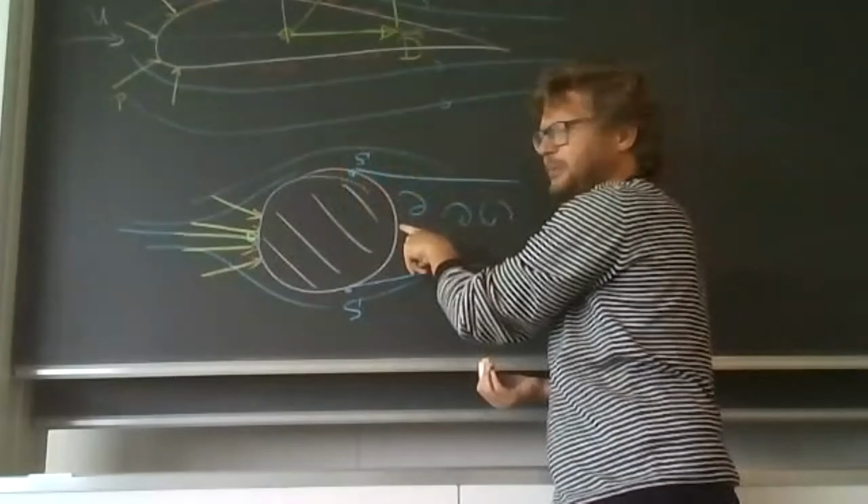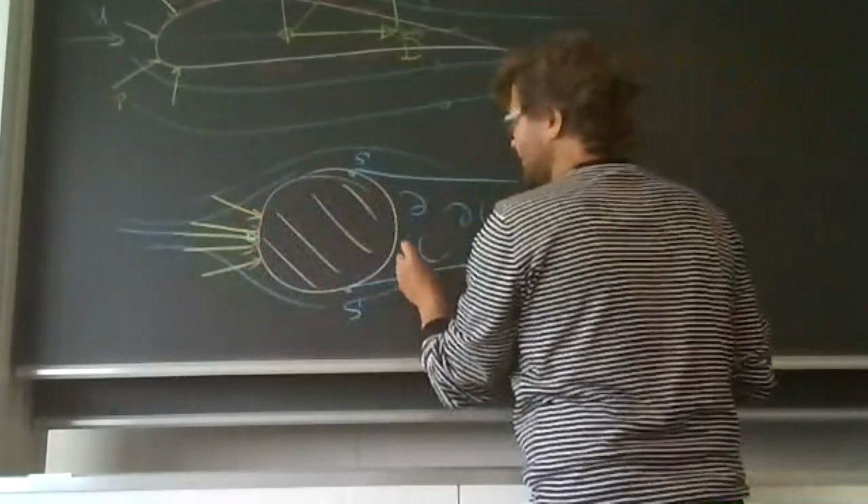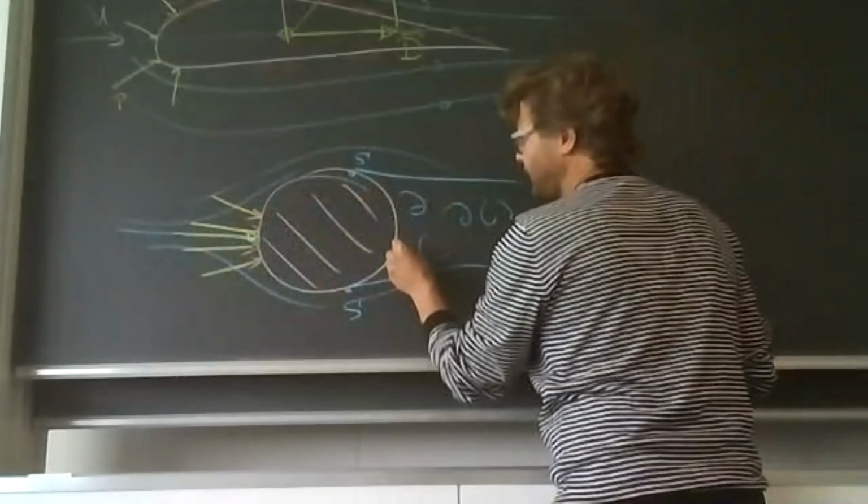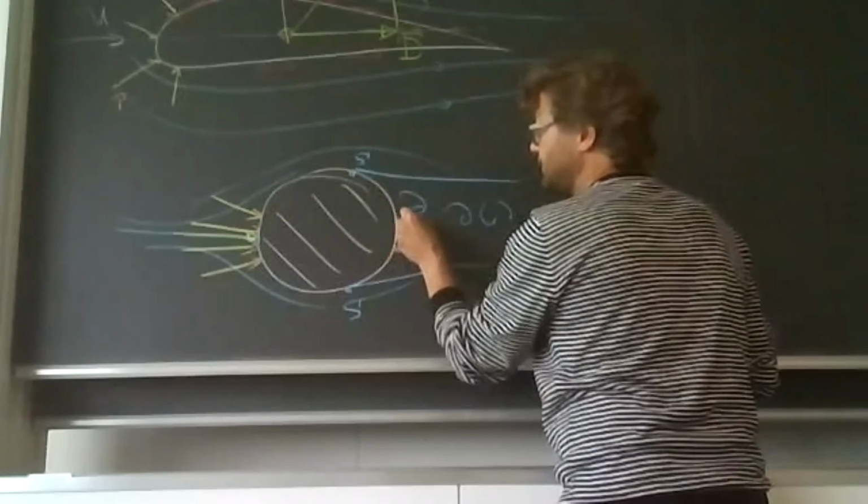But in this wake, the flow is not completely decelerating, so the pressure cannot recover its large magnitude. So we usually have a much lower pressure back here in the wake, or in some cases, we might even have a negative pressure with some suction.